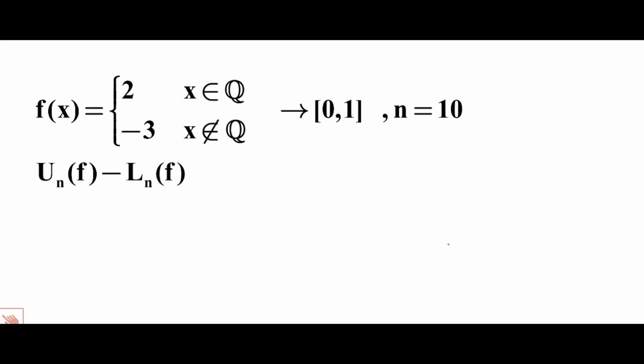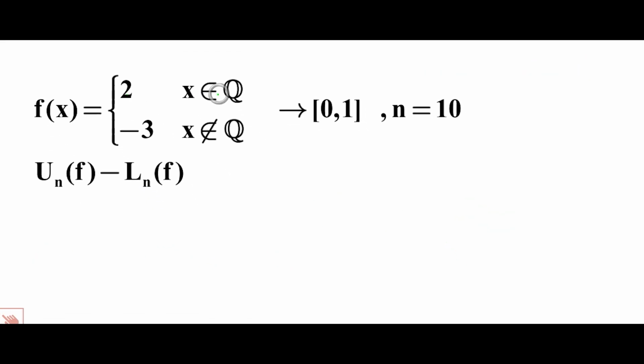Now f of x equals 2 if x is rational and negative 3 if x is irrational. Find Un of f minus Ln of f on the interval 0 to 1 for n equals 10. First, notice that in every subinterval of 0 to 1 there are always rational and irrational numbers. So in each subinterval the greatest value of f of x is 2 and the smallest value of f is negative 3, and the interval length is 1 minus 0, which is 1.